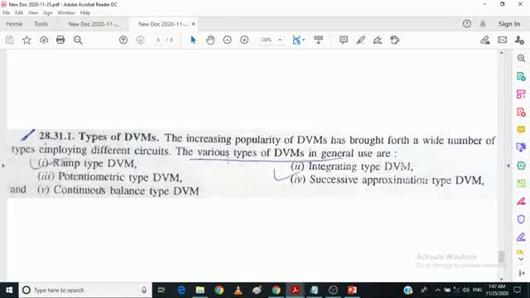There are different types of digital voltmeters available in the market, but we are studying the ramp type digital voltmeter.